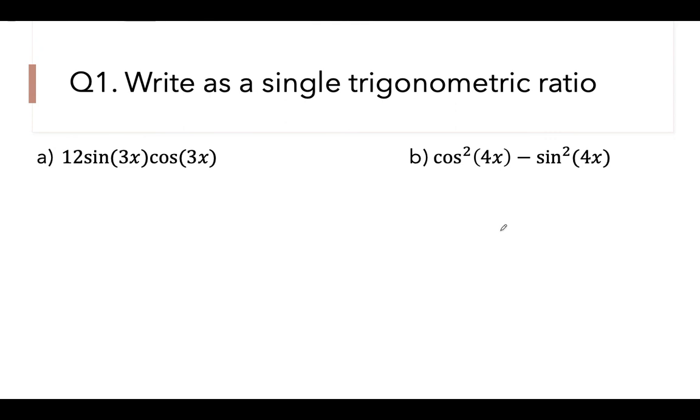Let's see. Write as a single trigonometric ratio. First, look at the expression and see which of the double angle formulas it looks similar to. Is it sine, cosine, or tangent? We have sine and cosine, meaning it looks like sine 2 theta, whose formula is 2 sine theta cosine theta. So we can say let theta equal 3x.